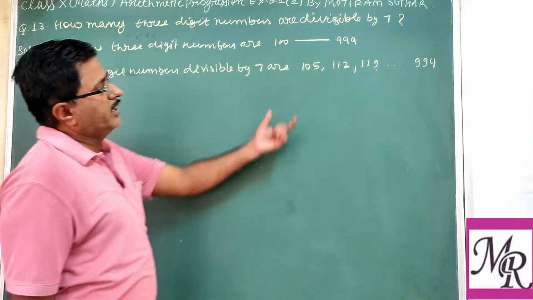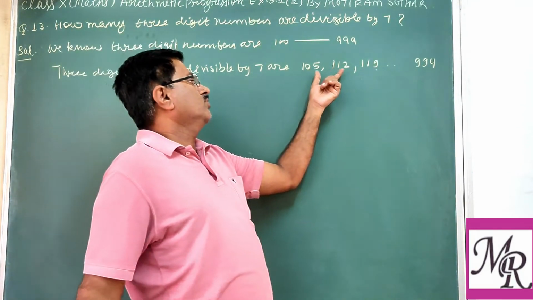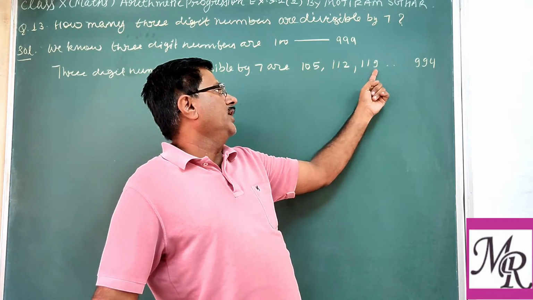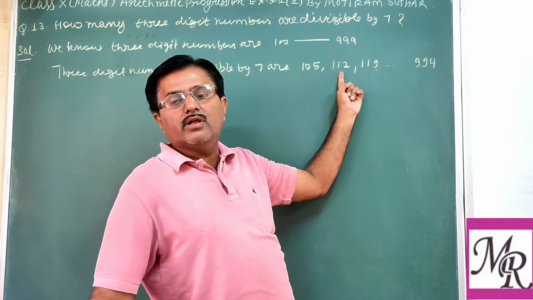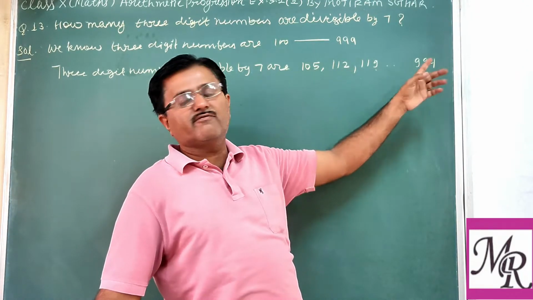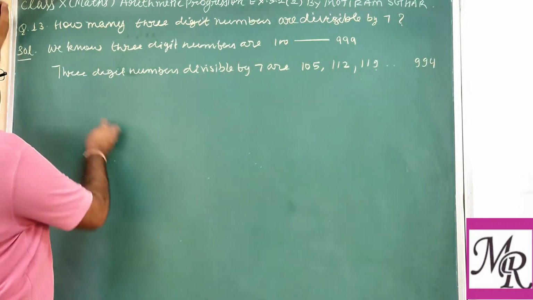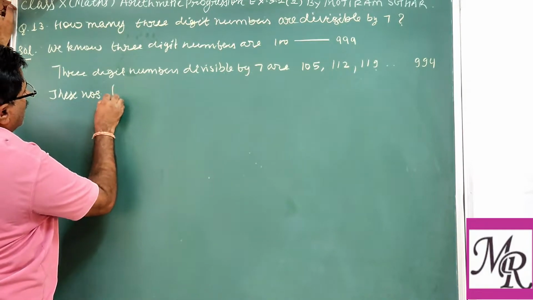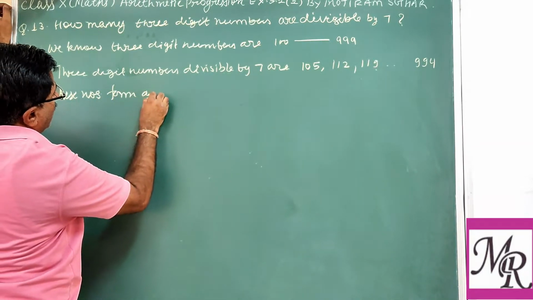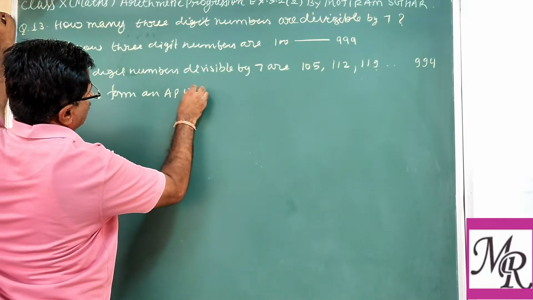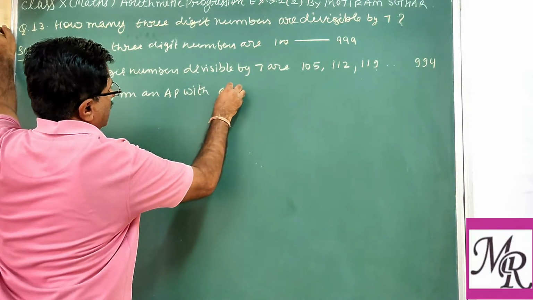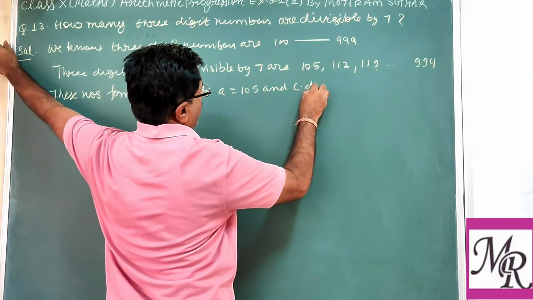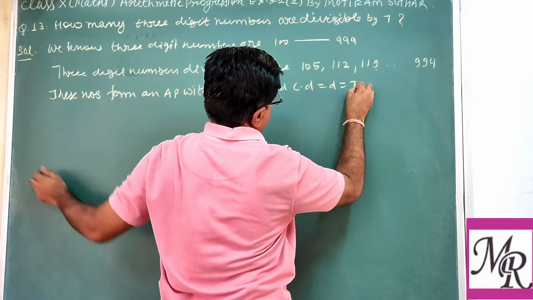So this is also an AP. Why is this an AP? Because 112 minus 105, 119 minus 112 is a constant, because the difference is 7. So you can say these numbers form an AP with first term 105 and common difference d equal to 7.